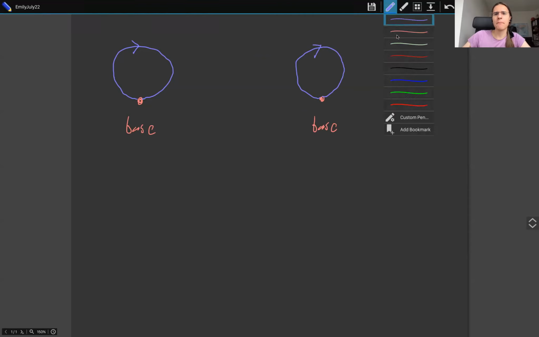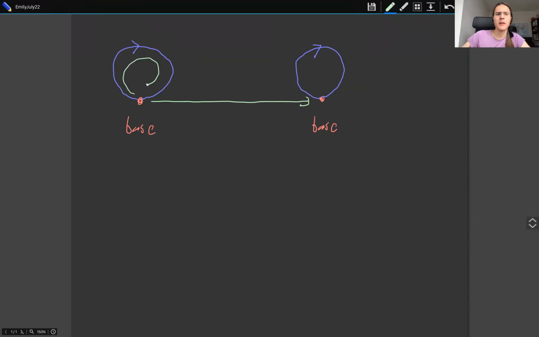And then I have a map that sends base to base. And as you go around loop here, it's going to send you backwards around loop here. So that's the picture of this map.